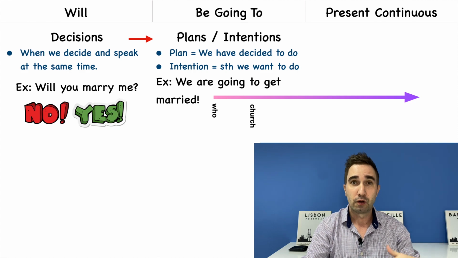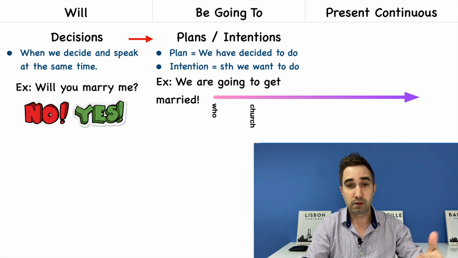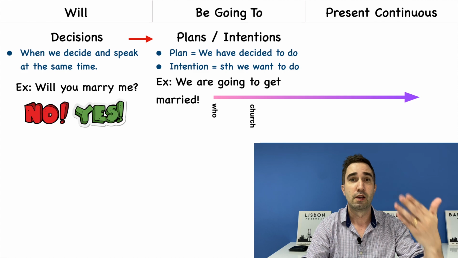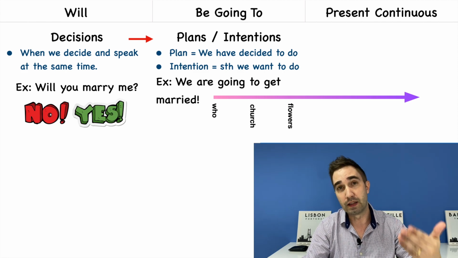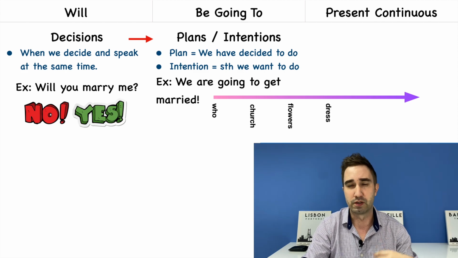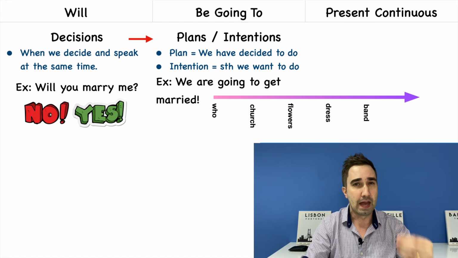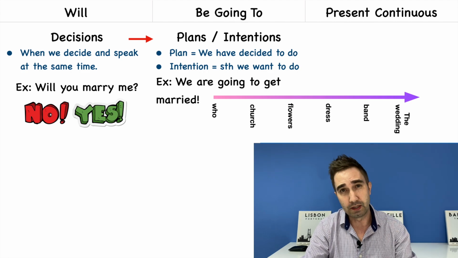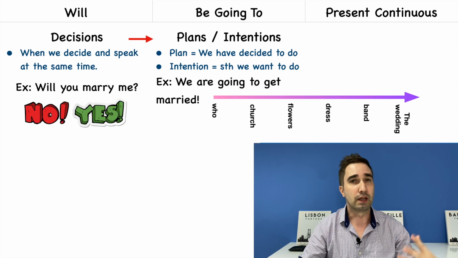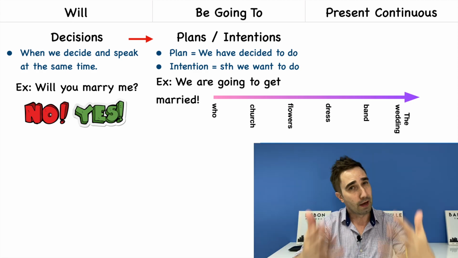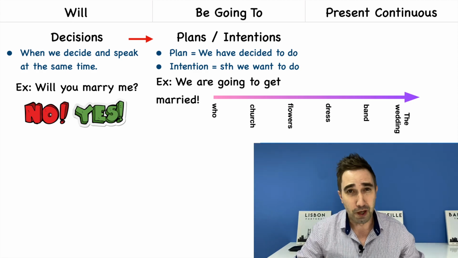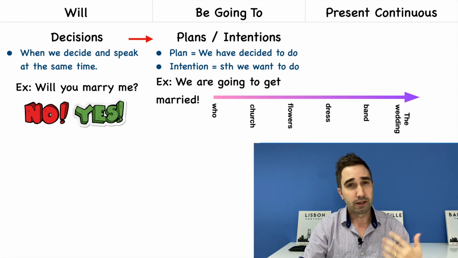But as we go through the process, as we make more and more plans, we find the church, we find the flowers, the perfect flowers, the dress, the band. Then finally it's the wedding day. We've invited everybody. I have my tux, you have your dress or your other tux, but it's finally the wedding day.